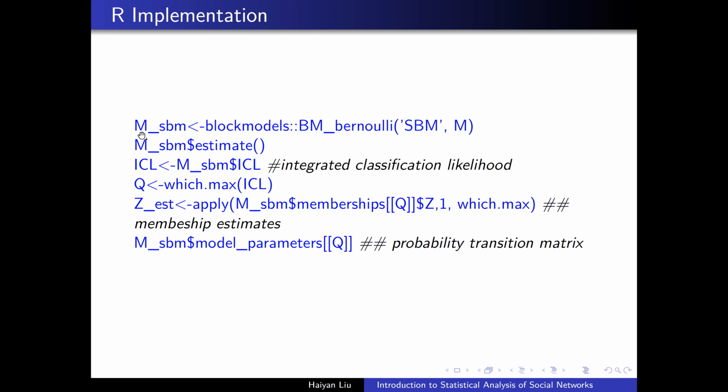We also extract the classification likelihood, and we choose the one with the largest ICL. The number of clusters associated with the largest ICL will be the one we use for model interpretation. And then we also extract the corresponding membership and the corresponding pi matrix estimate. Those can be implemented in R, and all the code is also attached to the course web page of this workshop.